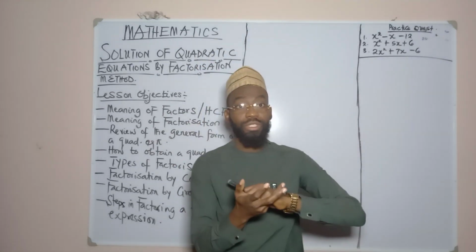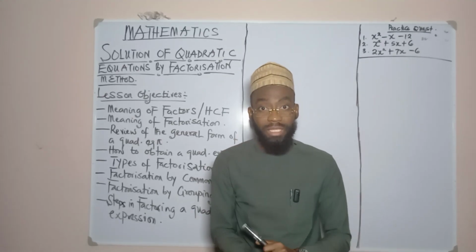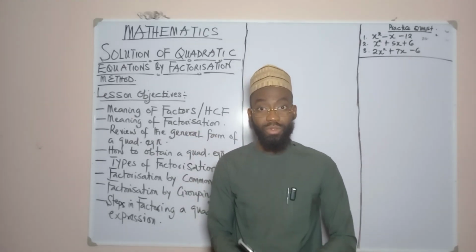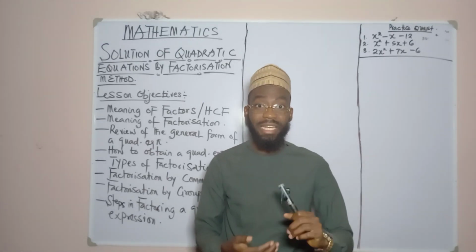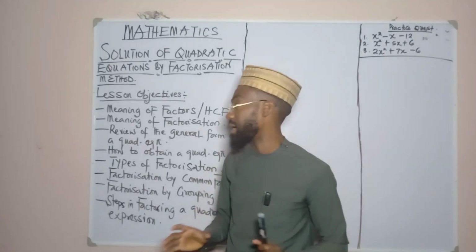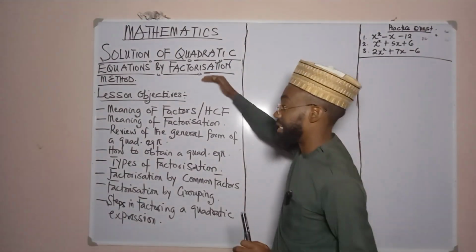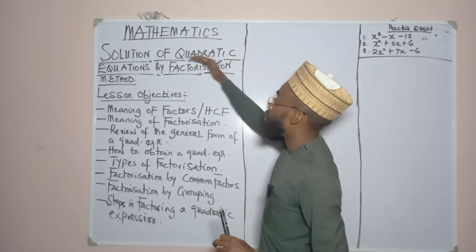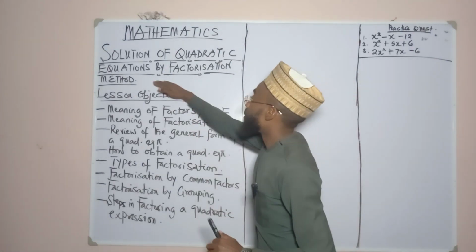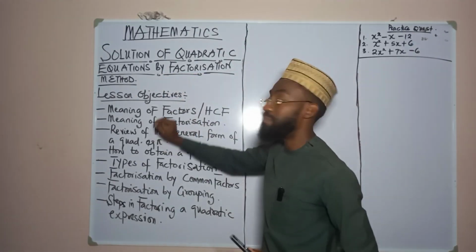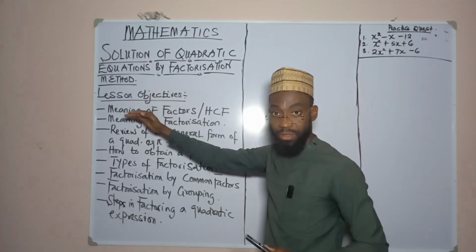We mentioned the solution of quadratic equations by the almighty formula. We talked about the factorization method, completing the square, and then the graphical method. We took our time in one of our videos to discuss extensively how to solve a quadratic equation using the almighty formula. Today, we will delve into the method called factorization method.